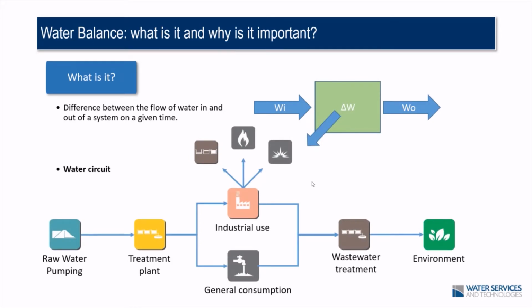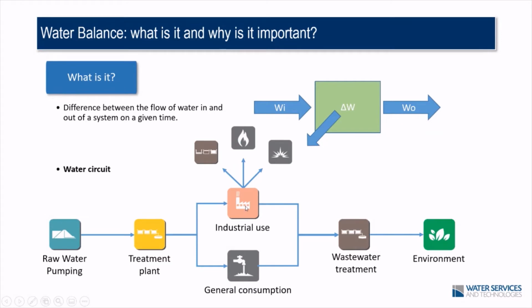For example, I have here a random flow chart for a water circuit inside an industry. We have the raw water pumping that goes to the treatment plant, that goes to industrial use and general consumption.